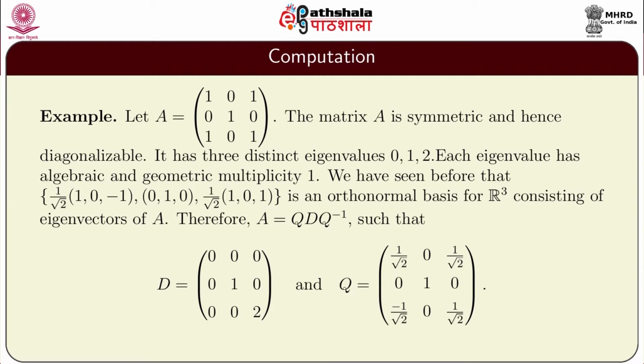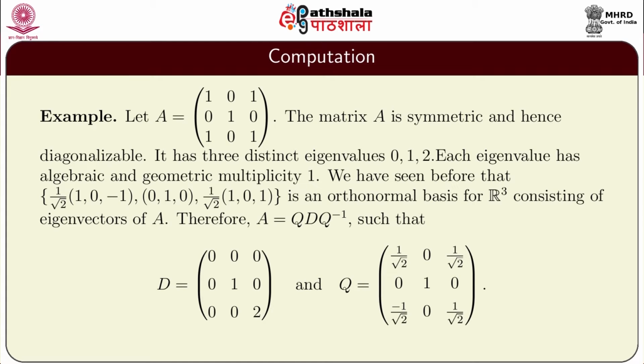Let A denote this symmetric matrix given by 1 0 1 in the first row, 0 1 0 in the second row and 1 0 1 in the third row. It is a real symmetric matrix and hence diagonalizable. It has 3 distinct eigenvalues 0, 1 and 2, and each eigenvalue has algebraic and geometric multiplicity 1.